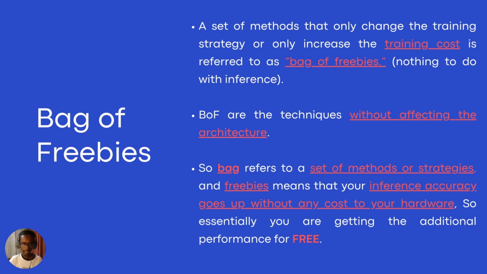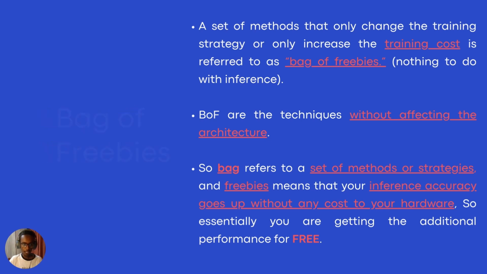As we dissect the name, the bag part refers to a set of methods or strategies, and the freebies part shows that the inference accuracy goes up without any cost to your hardware. Essentially, you're getting the additional performance for free.